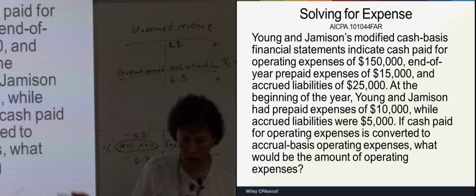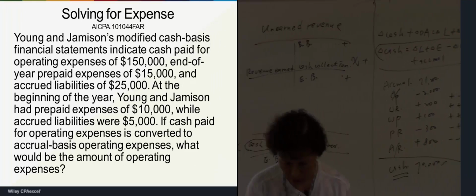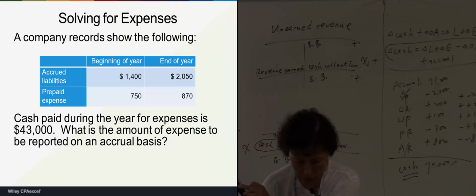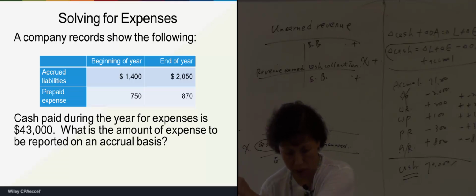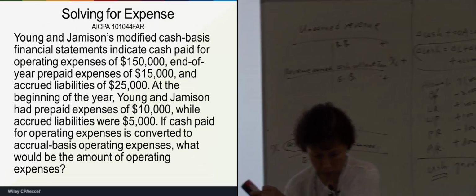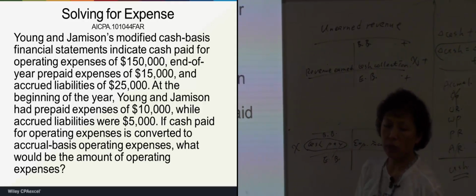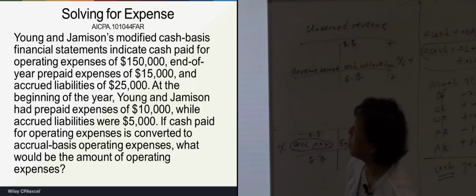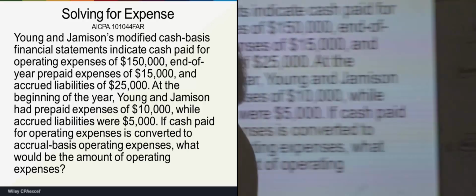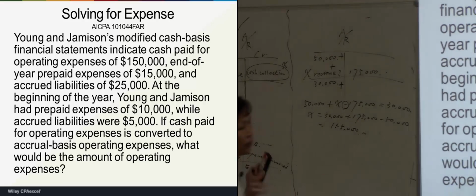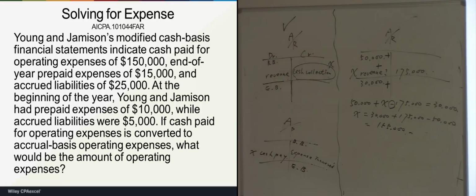This one is also complicated. I show you this one, and then you can practice the other two. Young and Jamison's modified cash basis financial statement indicates cash paid for operating expense of 150,000, end of year prepaid expense of 15,000, and accrued liability of 25,000.